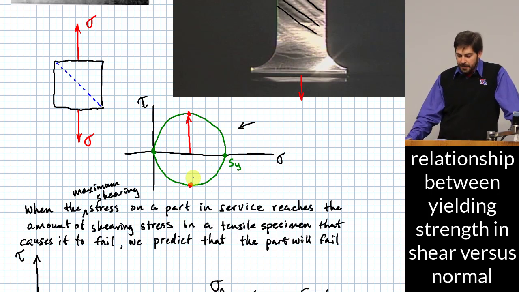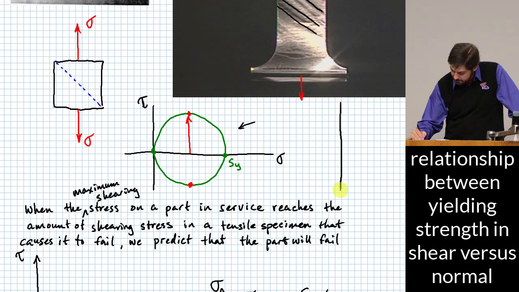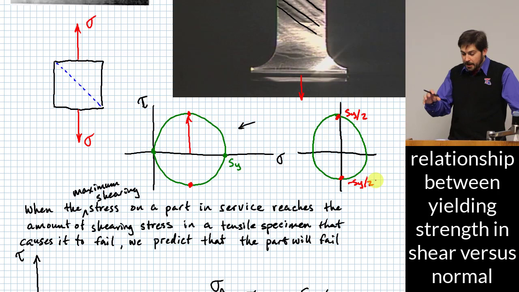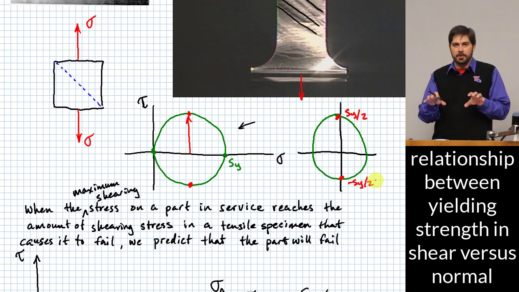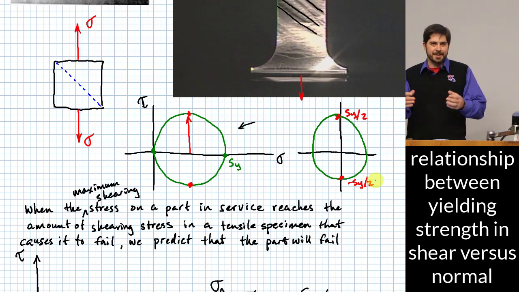What this failure criteria says is that that's no different than if you had a state of pure shear centered here, with a positive and negative S sub y over 2. This failure criteria says those two things are at exactly the same level of peril to possibly fail. Does that make sense?